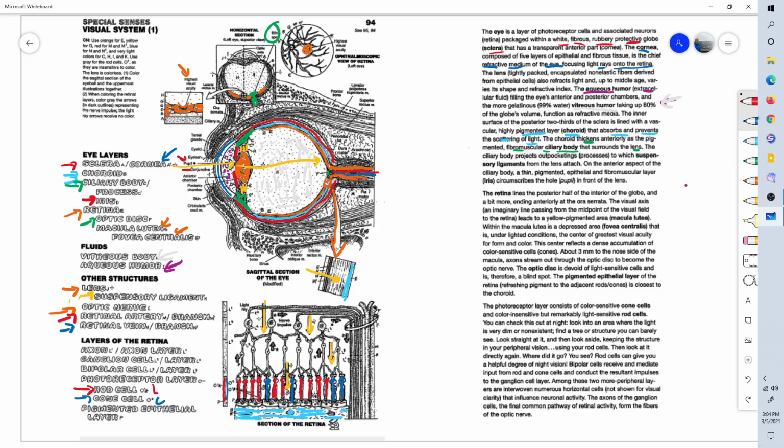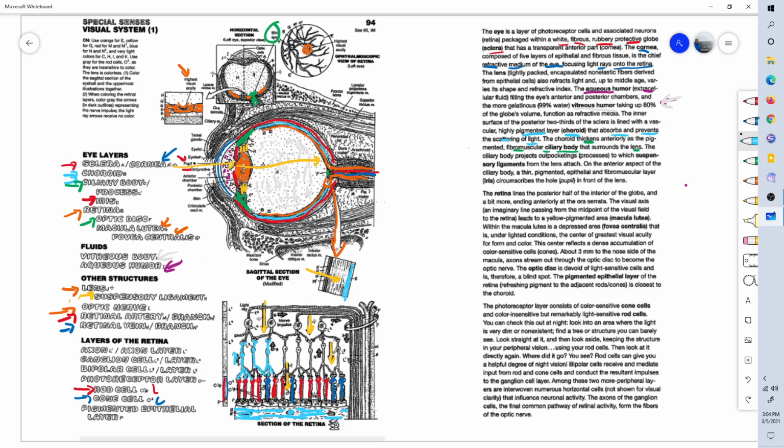Then it is that signal that they receive that is now transported through these cells, what are called bipolar cells. They have two ends. Here's the cell body here. And they have two ends. Bi means two. And they transport the signal this direction and the opposite direction.